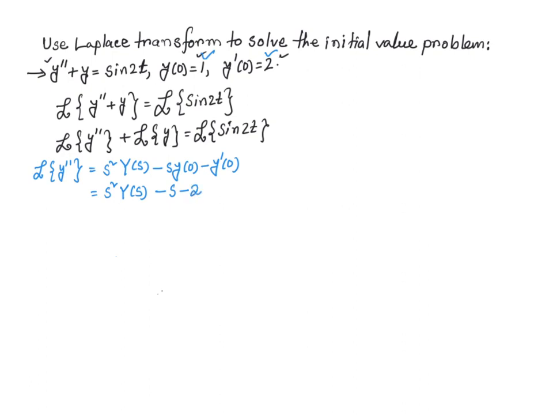Now let me clarify something here in case you don't remember or haven't seen this notation. Let's say you have a function f of t, just as a side example, and you take the Laplace transform of it. Sometimes for convenience, we also introduce another notation: for lowercase f of t, the Laplace transform is denoted by uppercase F of s.